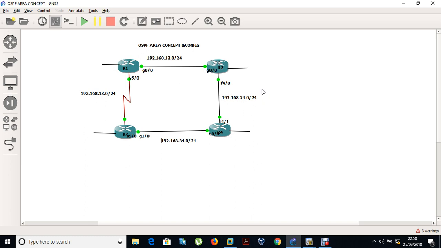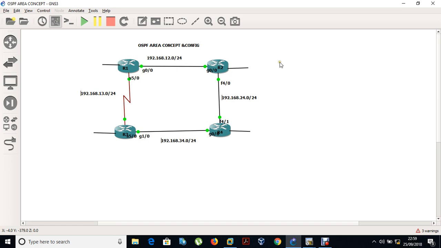The ABR, the router that sits between the two areas, will tell the other area how to reach a network. For example, this one will be in area 0, and we will configure the areas later, but I'm just giving you the feel of it.